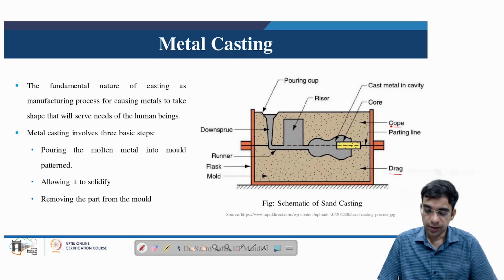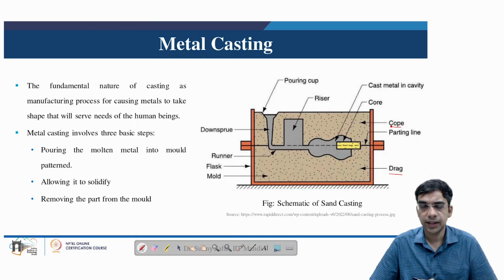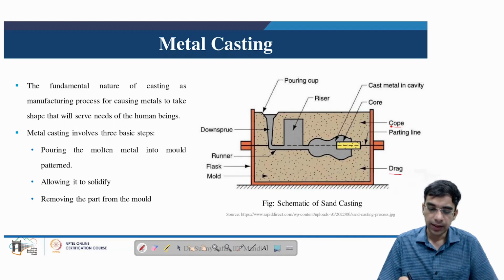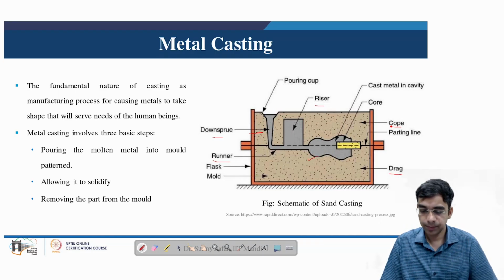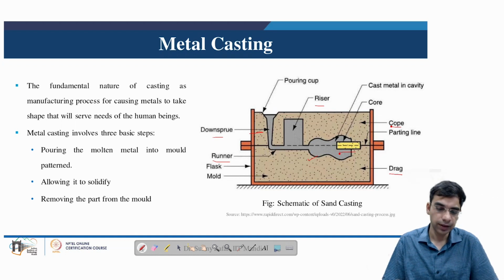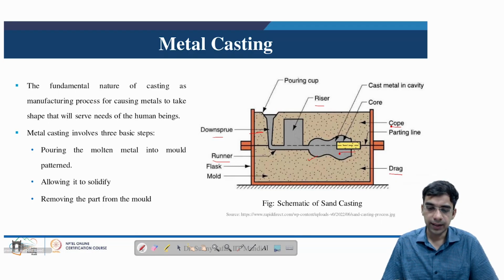Here the mold is made up of sand, specifically green sand, and the gating design is introduced in the mold, where we have the pouring cup, the down sprue, subsequently a runner, then a riser, and from the riser we have the cavity. Sometimes we may also introduce cores to produce hollow parts in between. So this is the fundamental of metal casting.